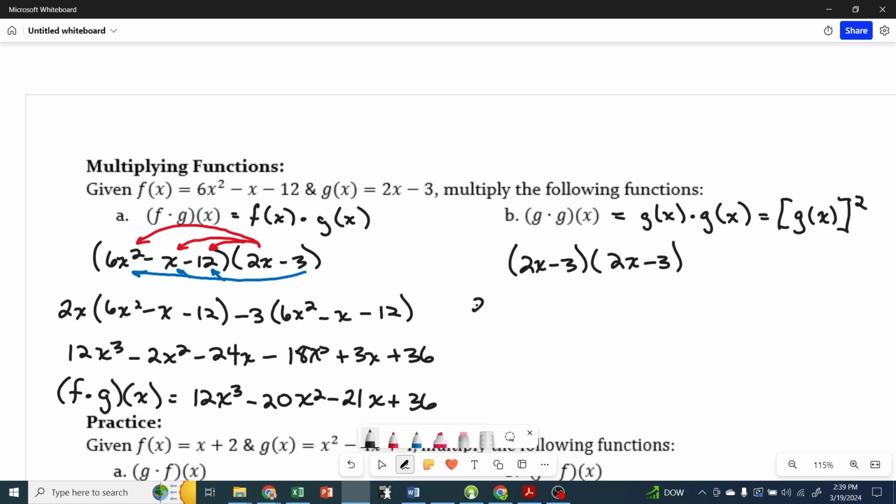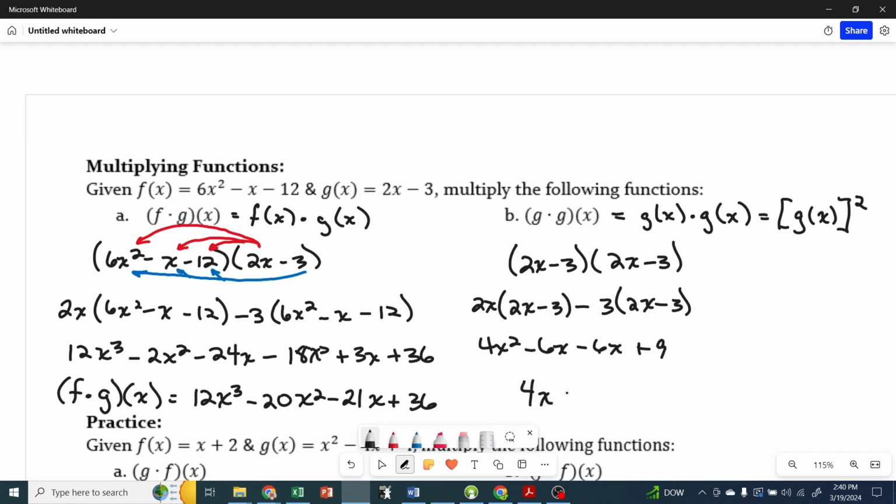This is going to be 2x times 2x minus 3, minus 3 times 2x minus 3. So I end up with 4x squared minus 6x minus 6x plus 9.